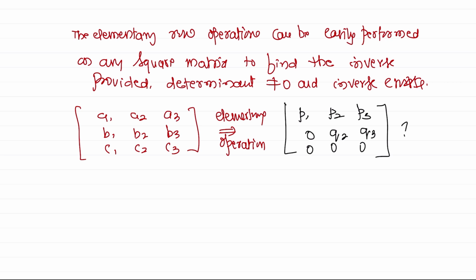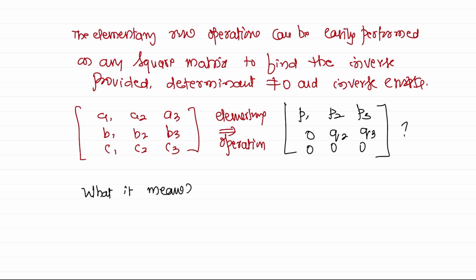It is a triangular matrix with only 2 rows having non-zero elements, and the third row in a 3 by 3 square matrix, after elementary operations, is totally 0. Then what does it mean?